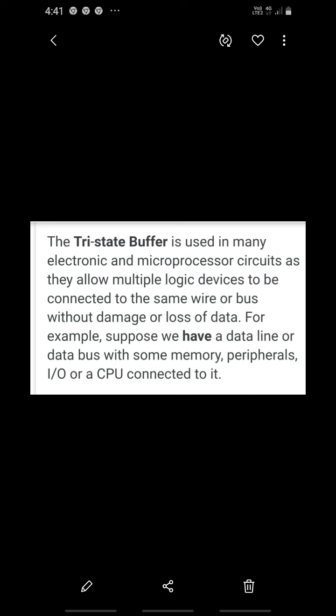Here the tri-state buffer is used in many electronic and microprocessor circuits as they allow multiple logic devices to be connected to the same wire or bus without damage or loss of data. For example, suppose we have a data bus with some memory, peripherals, input output, or a CPU connected to it.